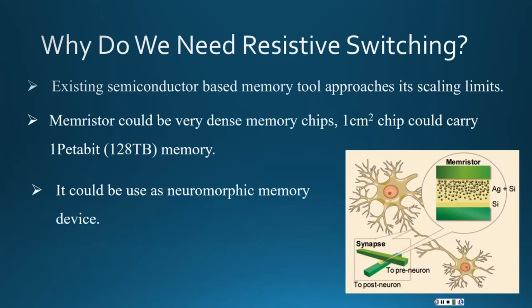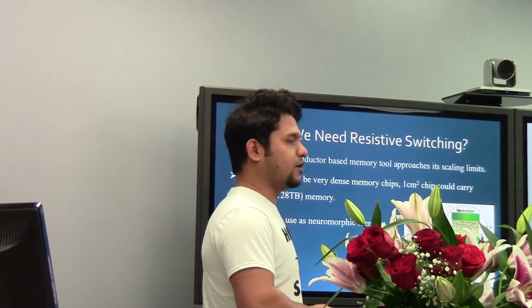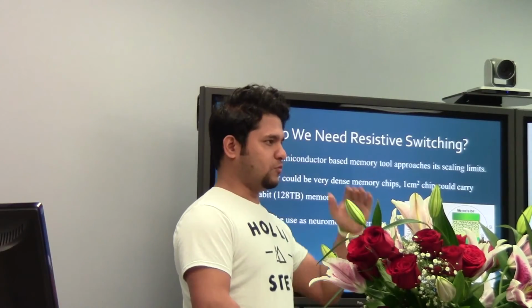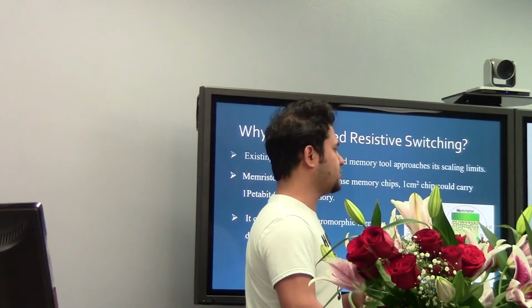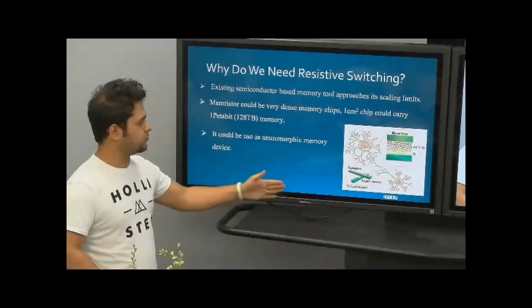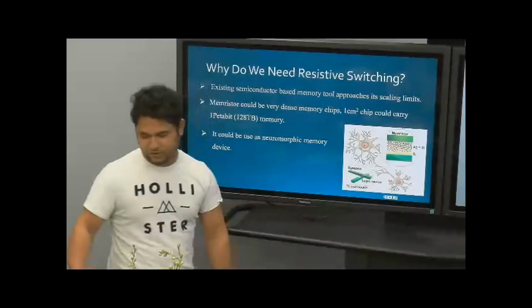We want to make devices with these properties, but the question is why we need them. In one sentence, recent semiconductor-based technology is almost at its theoretical limit, so we need new mechanisms. This would be a replacement for these devices, and it can be used for neuromorphic device designs.